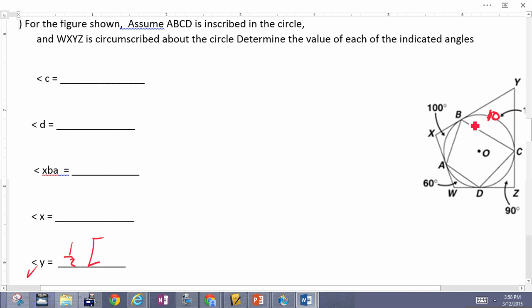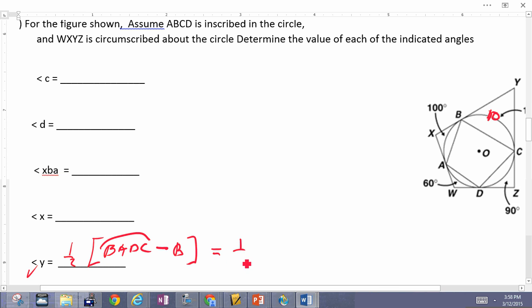Now, if I go up to angle Y, I see it opens up the arc BADC, so I could just name that arc BADC, that's the furthest arc, minus the closest arc, which is going to be BC. These angles are exterior angles formed by two tangents. So what one portion of the circle is covered by the exterior arc, the rest of the circle is covered by the closest arc.